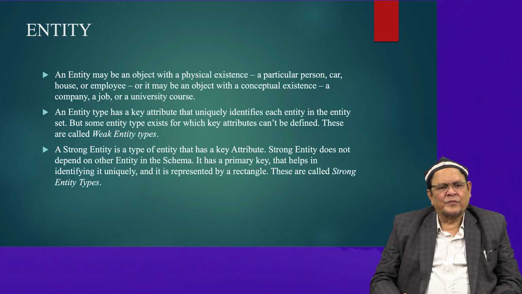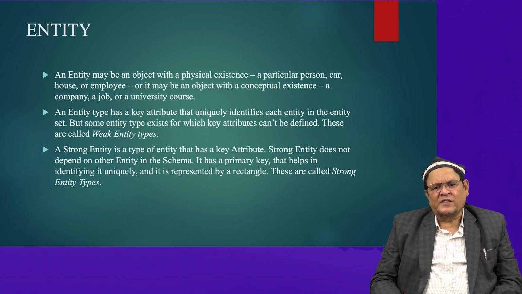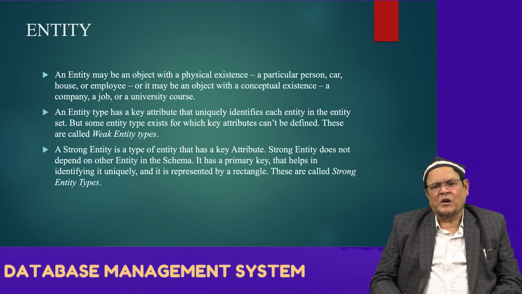Entity. An entity may be an object with a physical existence, a particular person, car, house, or employee, and so on. It may be an object with a conceptual existence, a company, a job, or university courses.